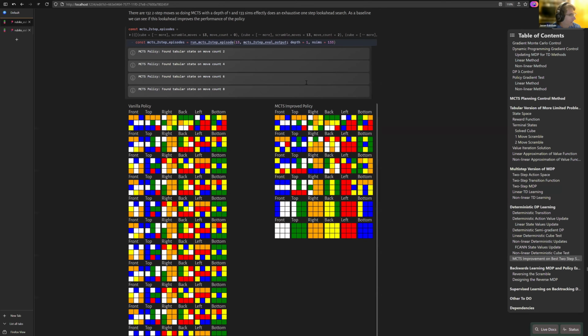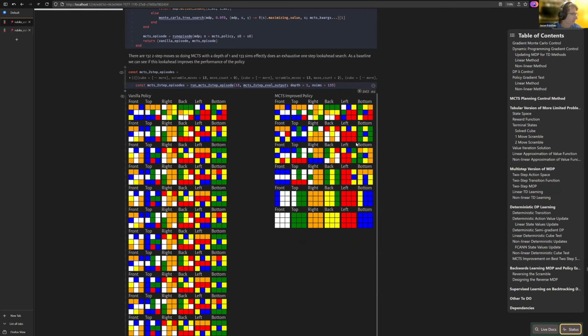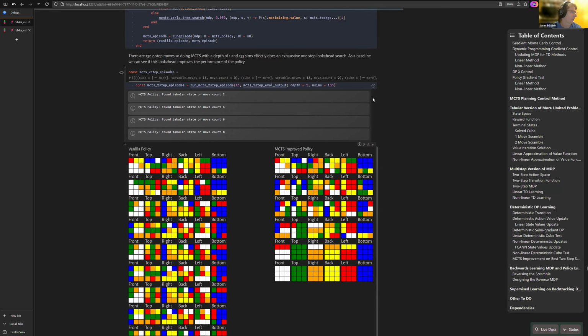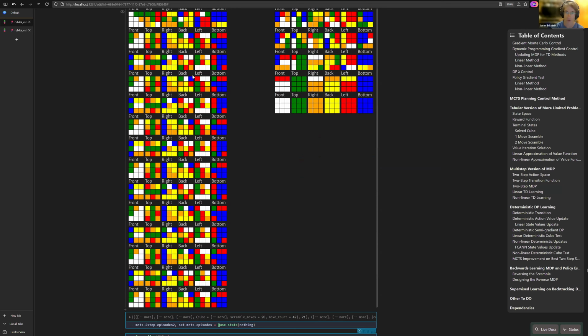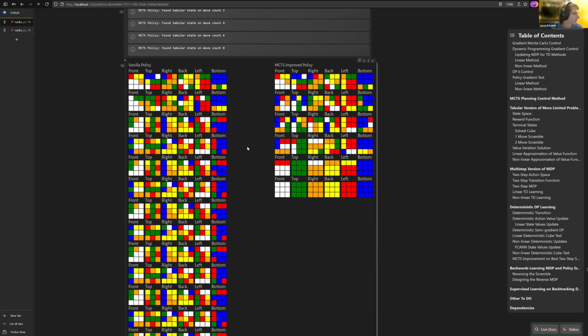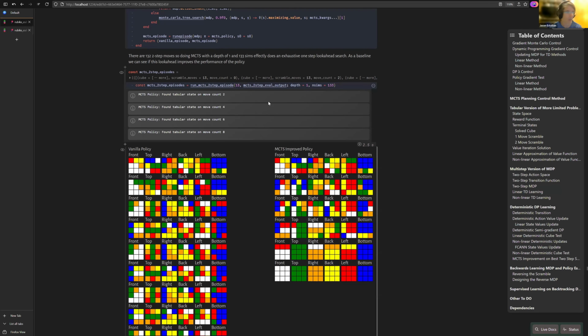But applying just a little bit of forward search even to that makes it so that even with this amount of scramble, it can actually solve the cube. And if I run this again, it doesn't solve it every time. What this is showing is that the policy I trained through all these other techniques didn't succeed in solving this cube, but pretty frequently it does.